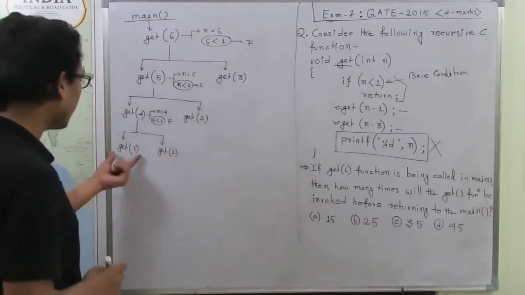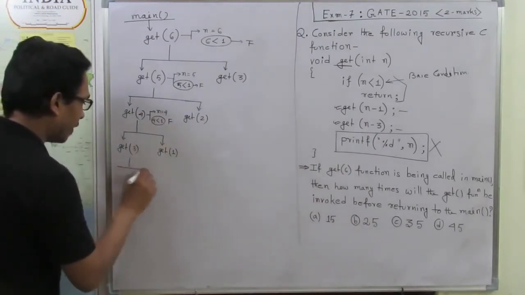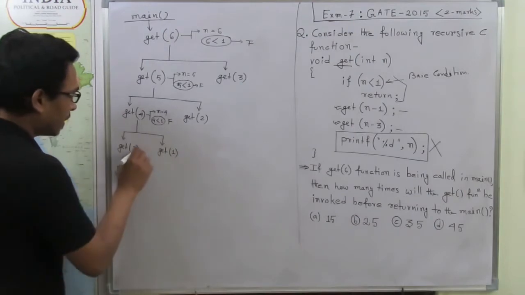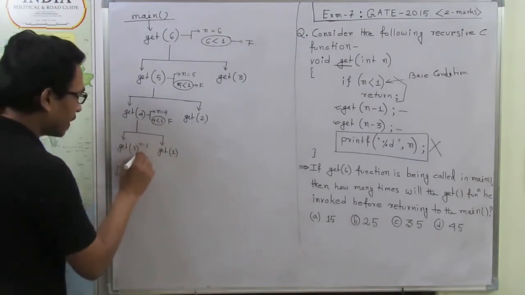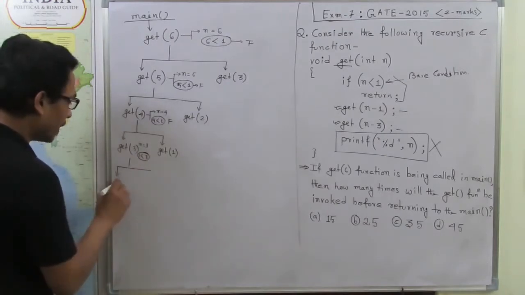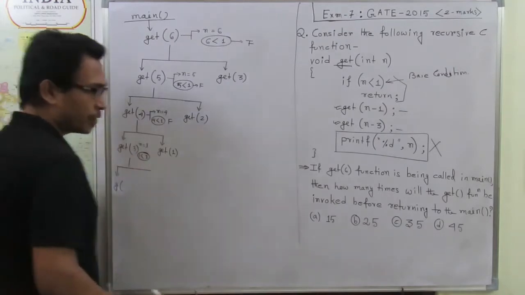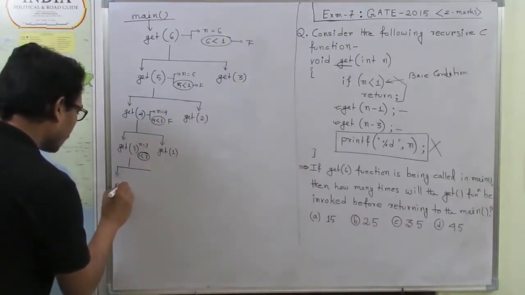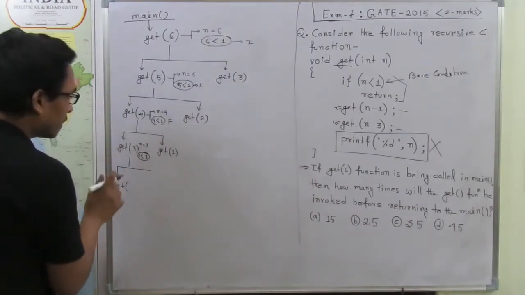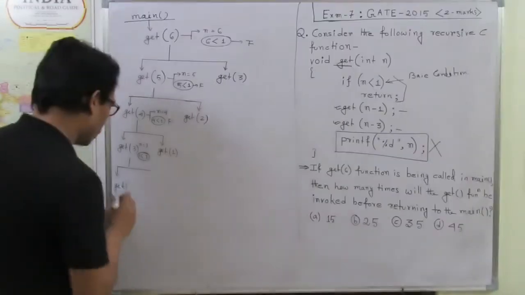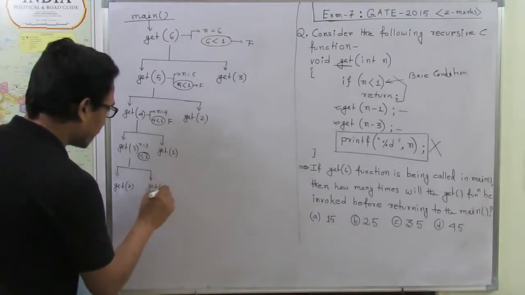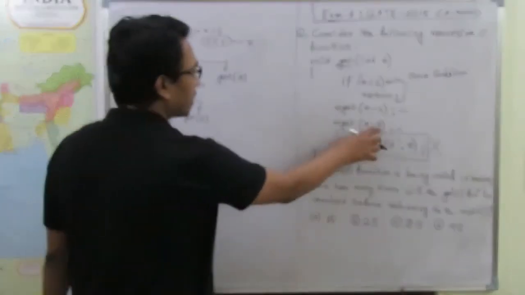Now for this one again we have two function calls, here again n equals 3, and 3 less than 1, it is false. So this one will be get 3 minus 1, that means get 2, and the other one will be get 0, 3 minus 3 means 0.